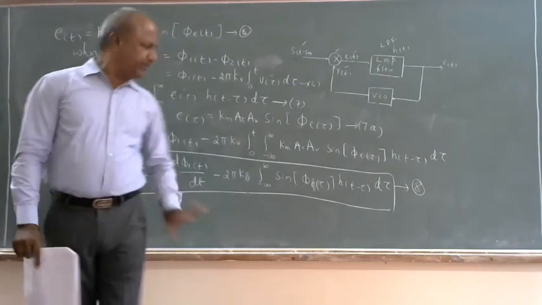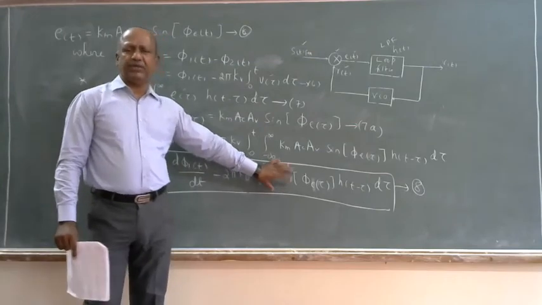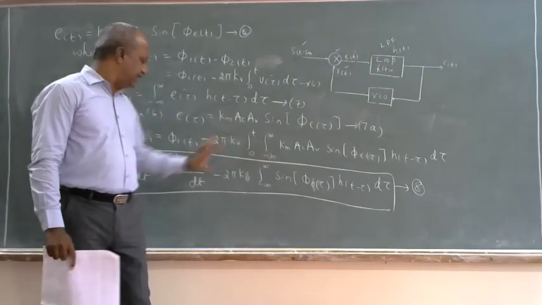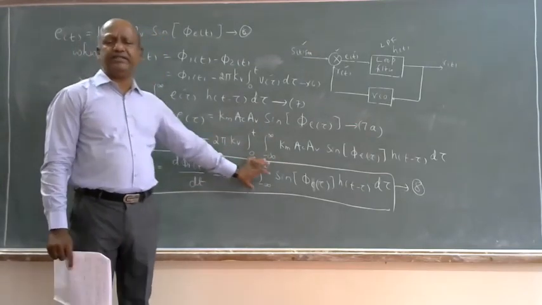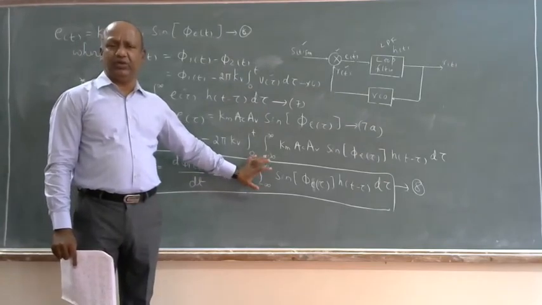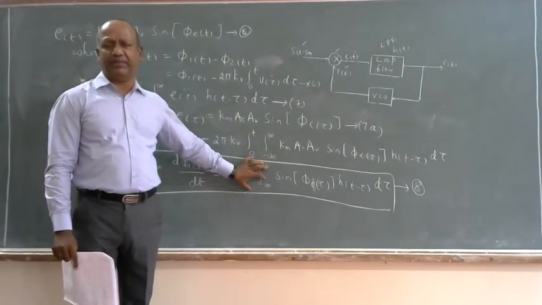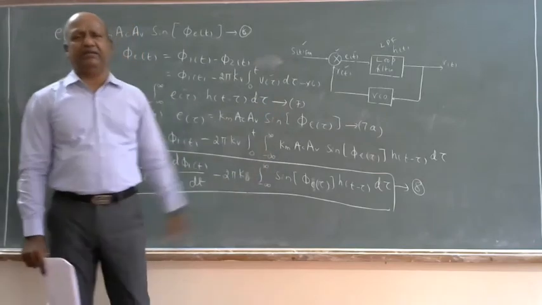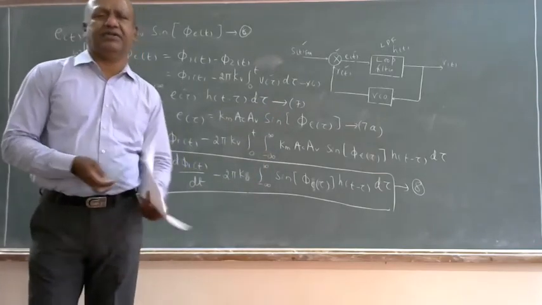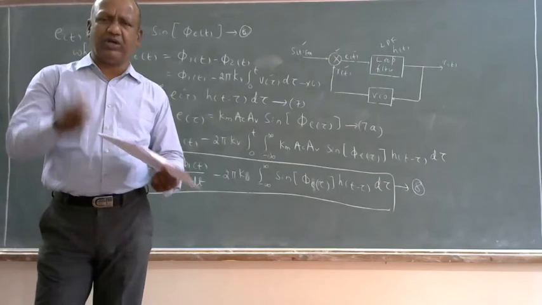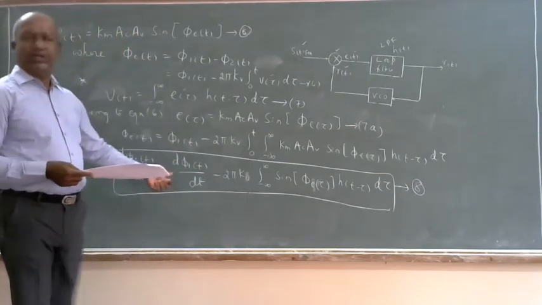So because of the presence of sine, integration and differentiation, it is called a non-linear integral differential equation, the mathematical model for a PLL. We modeled the PLL as a non-linear mathematical model.